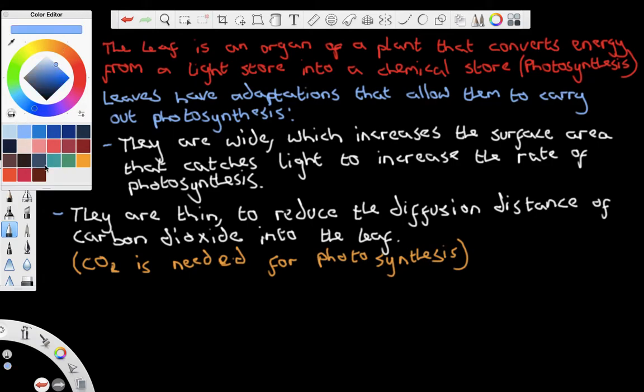The final adaptation that leaves have that allow them to be efficient at carrying out photosynthesis is that they have a vascular bundle.